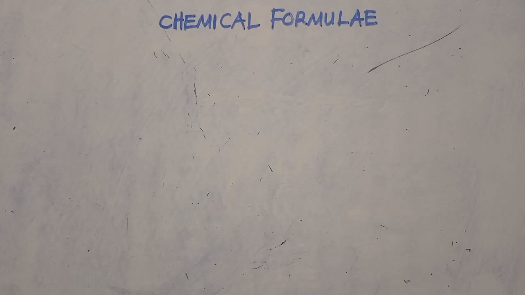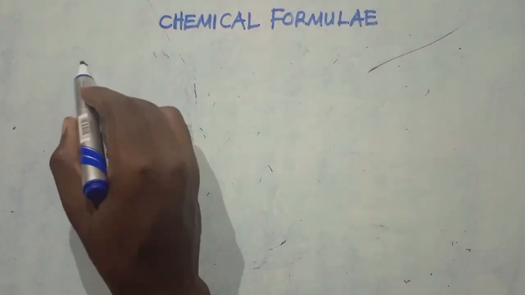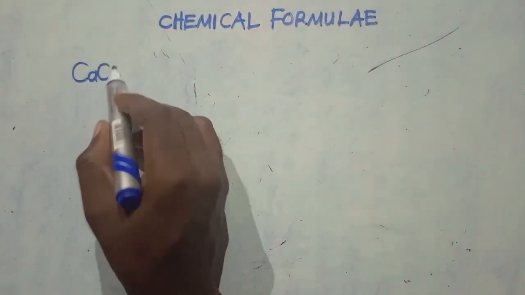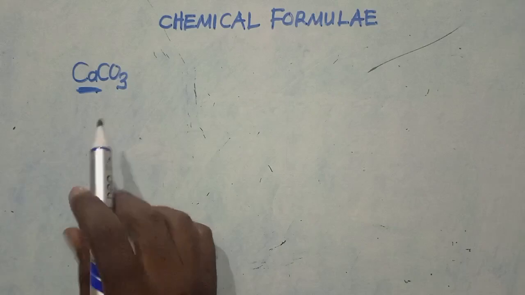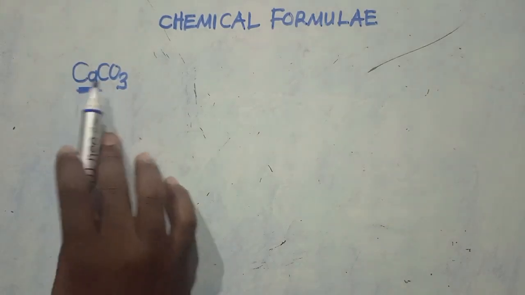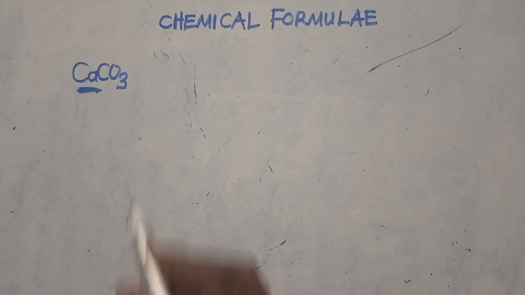I remember telling you that whenever we've got a compound like calcium carbonate, this is a compound. It is not a reaction. What is a compound? A compound is a chemical combination of elements.